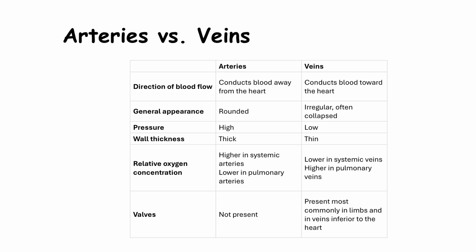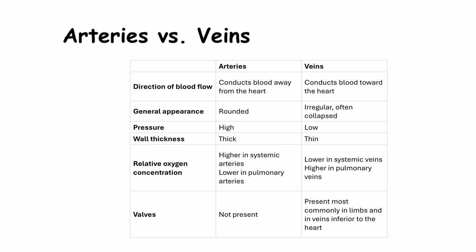Now, arteries are going to conduct blood away from the heart. That blood is going to be oxygen rich, while veins are going to conduct blood towards the heart, with that blood being oxygen depleted, which we refer to as deoxygenated. The general appearance of arteries is that they are rounded, whereas veins are irregular, often collapsed.